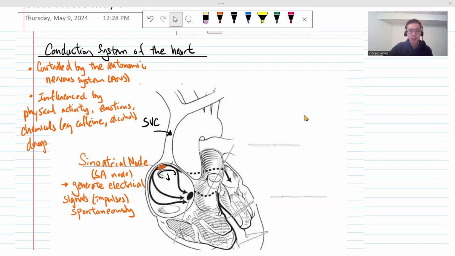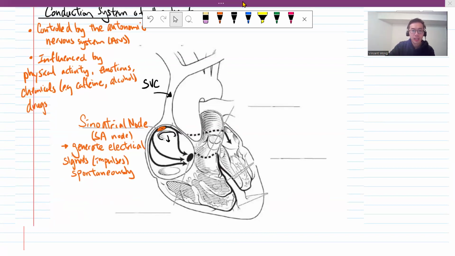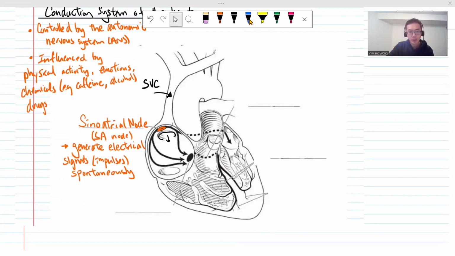So let's take a look at the events that are going to be happening as the SA node sends out these electrical signals. Once created by the SA node, the electrical signals are going to spread across the atria at the top. And these arrows in the diagram show you which way the signal is going to be spreading.